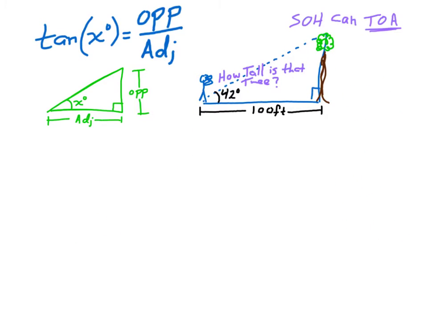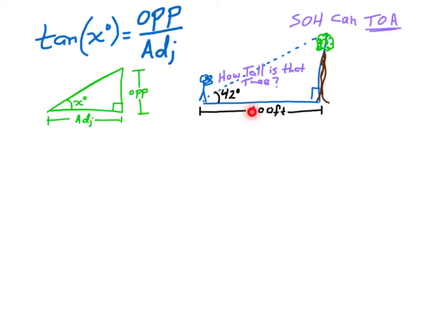Okay, so let's shrink that whole thing down. There's our nice little question. How far to the top? Well, I am going to use this because the 3 parts I've got are: I'm looking at the angle, I'm interested in the opposite side, which is the height of the tree, and I have the adjacent. If those are the 3 parts, and I don't really care what the hypotenuse is, then you have to use tangent.